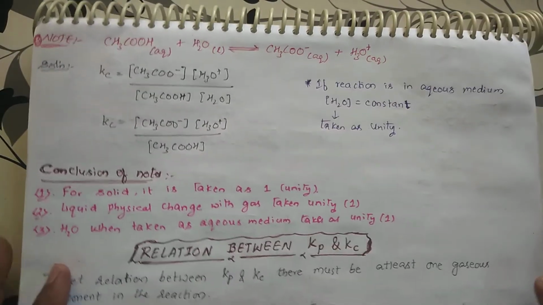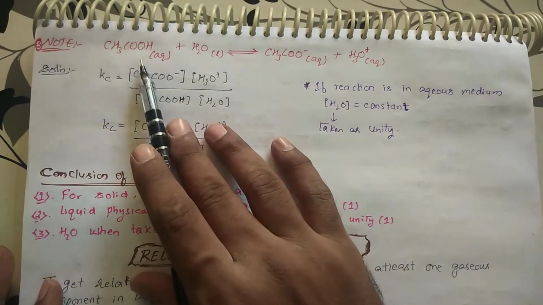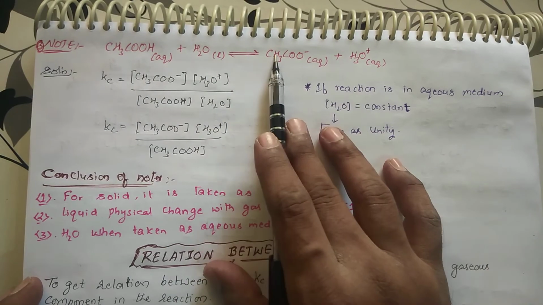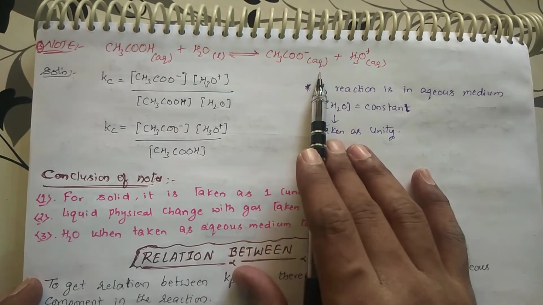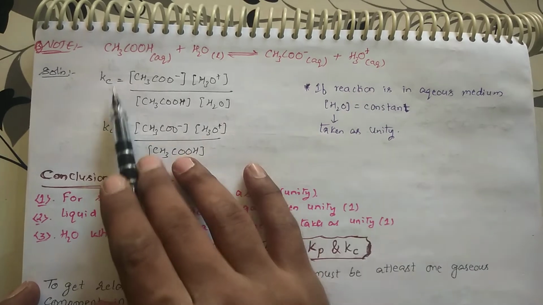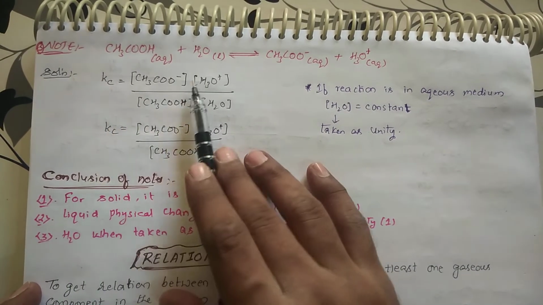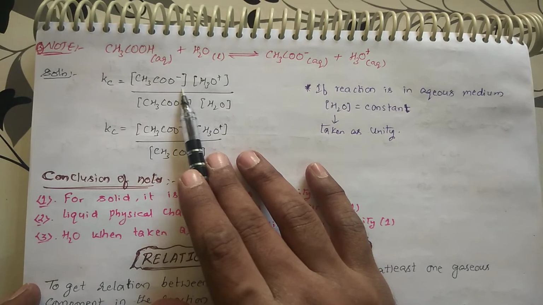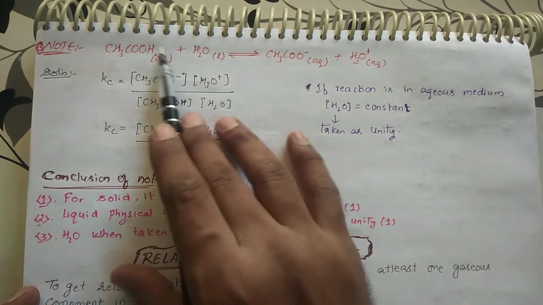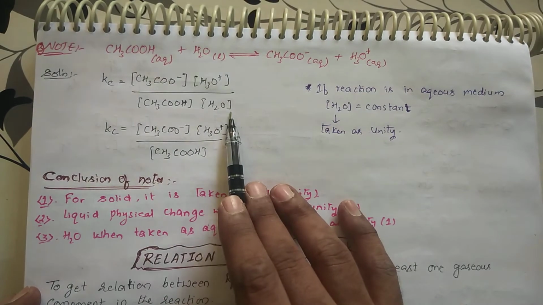And note 3. You are taking acetic acid in aqueous condition, H2O in the liquid condition. It has been converted to CH3COO minus aqueous plus H3O plus aqueous. So if you write Kc, it becomes concentration of CH3COO minus times concentration of H3O plus by reactant CH3COOH plus H2O.